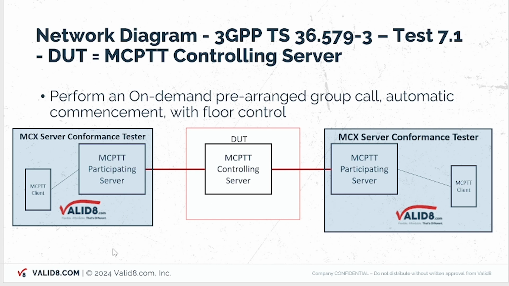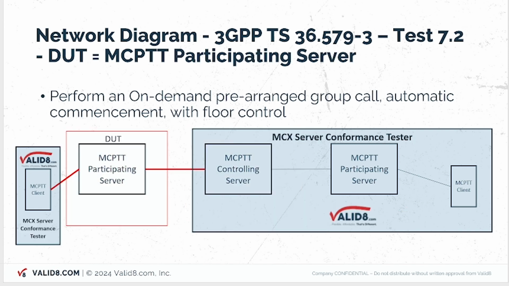And in these cases, the Valid8 MCX server conformance tester will be acting like an MCPTT client and MCPTT participating server, making the call to a controlling server and then also receives the call on the other side, acting as, again, an MCPTT participating server and MCPTT client. This is when the DUT is a controlling server.